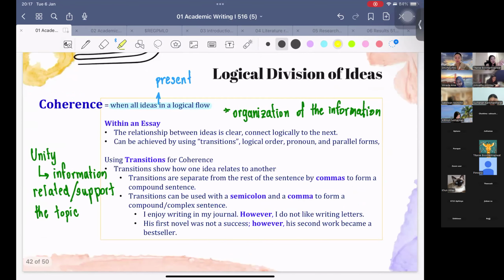Moving on, another important thing when you write is coherence. The meaning of coherent is related.